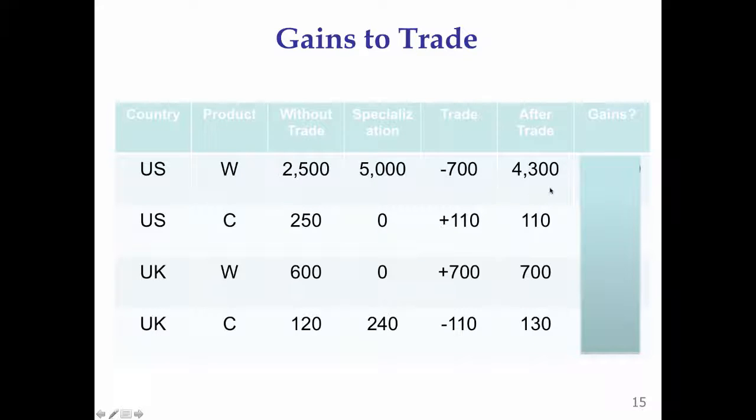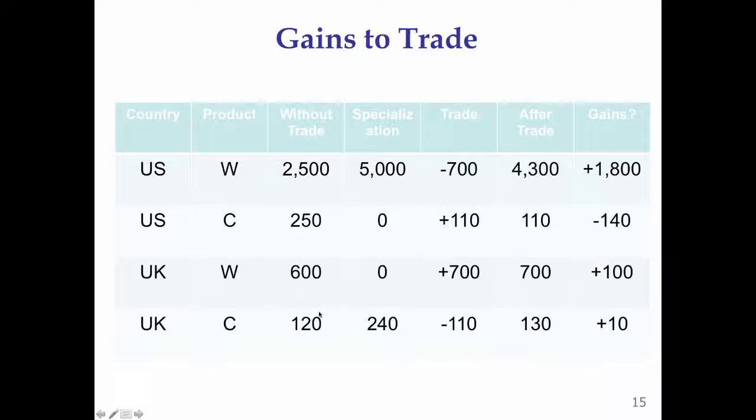So in terms of wheat, it's better off by 1,800 tons. However, in terms of computers, if the US didn't trade, it would make 250 computers. But through trade, it ends up with 110. So it's actually worse off in terms of computers by 140.